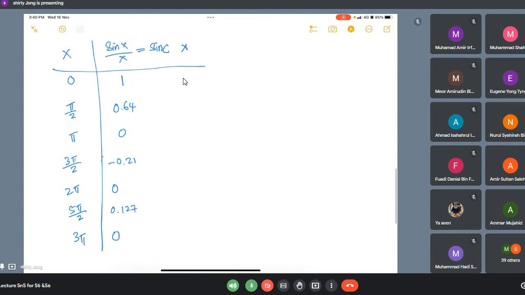Then from here you can plot the graph. For example, this is 1, for 0. And then for pi over 2, instead of pi over 2, I write it as 1.57. So this axis is 2, 4, 6, 8, 10.